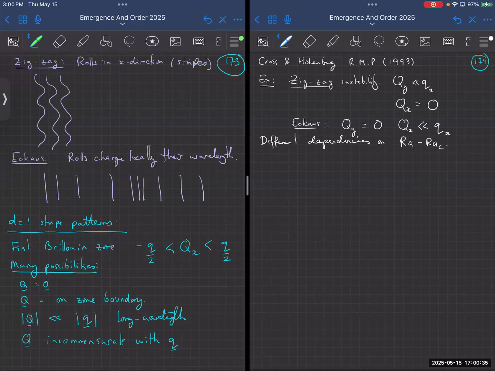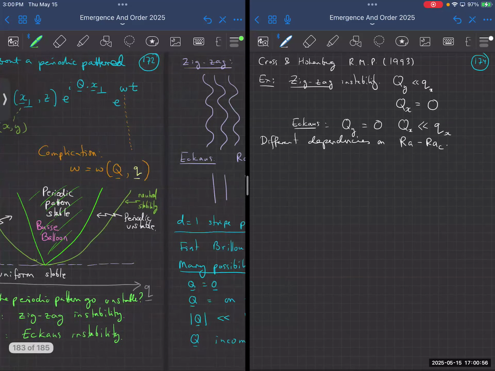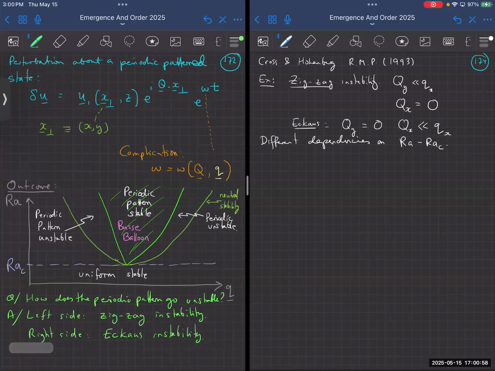Yeah, quick question, EJ. In the instability diagram, does that diagram also depend on the wave number? Yes, so you could work out a dispersion relation as a function of q. When you do the calculation, and I'm not showing it to you, you calculate the omega, and you can predict the likely wavelength of that pattern.